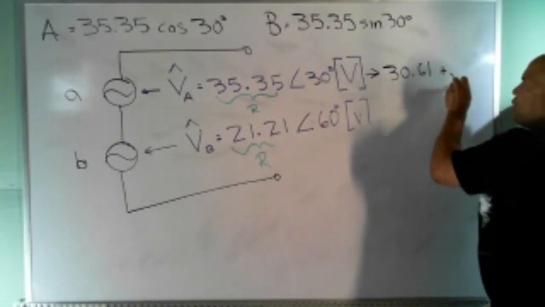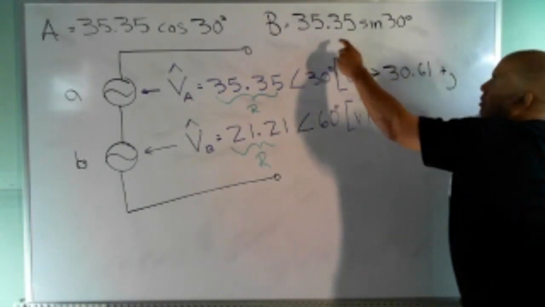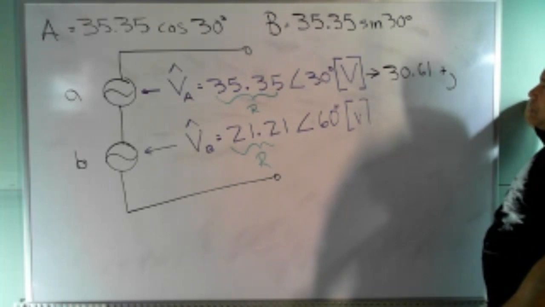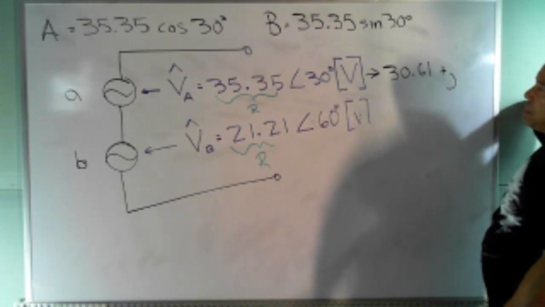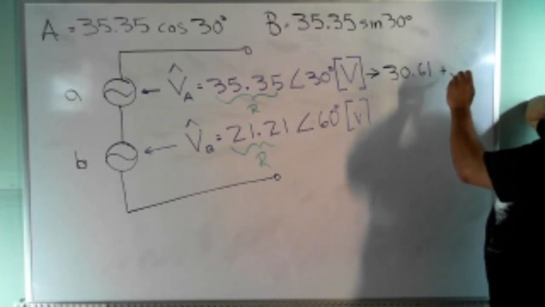30.61 plus J, and now this one. What is it? 17.67.